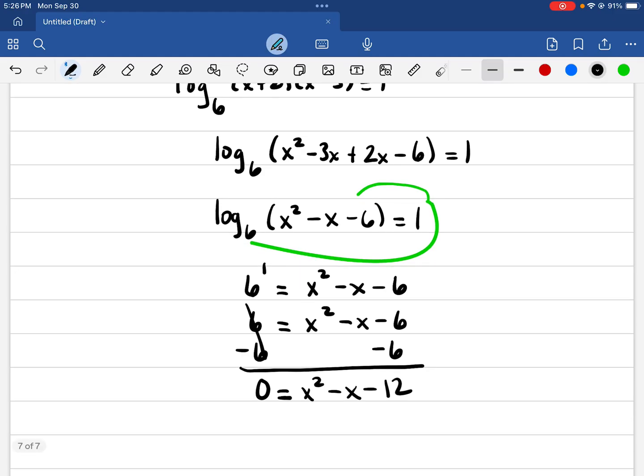And then there you can see we get x squared minus x minus 12. And this is something we would try to factor. We need two numbers that if we multiply them, we get negative 12. If we take the same two numbers and we add them together, we get negative 1. So multiply, get negative 12, add them, and we get negative 1. I believe that is negative 4 and 3.